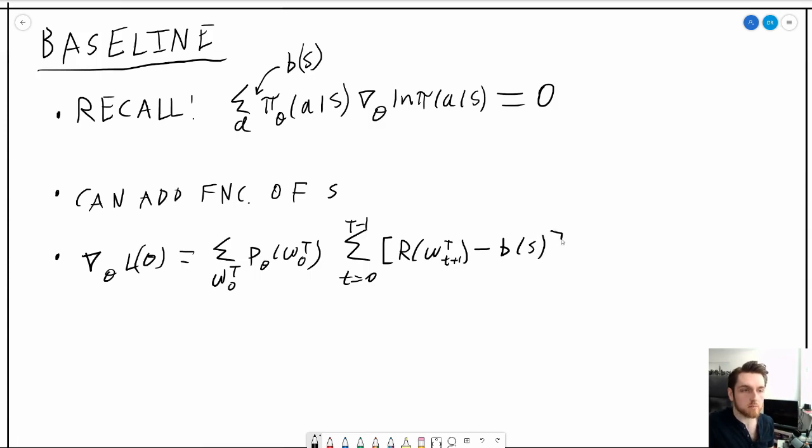This could be plus or minus, but we're just making it minus for what we're going to do next. And then we have the eligibility of the action.